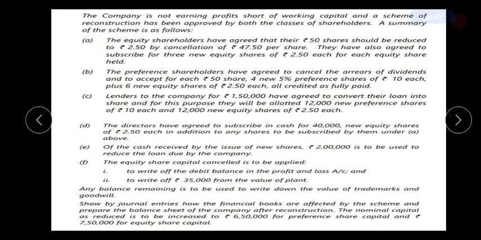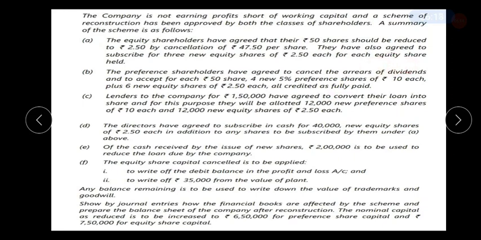Preference shareholders have agreed to sacrifice the amount of dividend they are supposed to receive. They are giving it up, but on a condition. What is the condition? To accept for each rupees 50 share 4 new 5% preference shares of rupees 10 each plus 6 new equity shares of rupees 2.50 each, all credited as fully paid. So here is an agreement. They are convinced to give up their dividend arrears, but what is that condition?